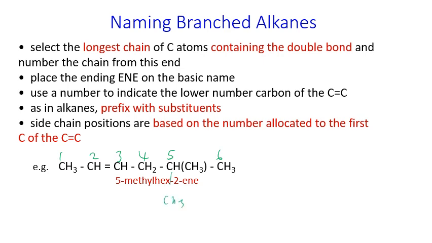So it's going to be hexene something. The double bond's smallest number is going to be on the second carbon, so it's hex-2-ene. Then we go 1, 2, 3, 4, 5. The CH3 is on the 5th carbon, so it's 5-methyl, because it's a CH3 group, hex-2-ene.